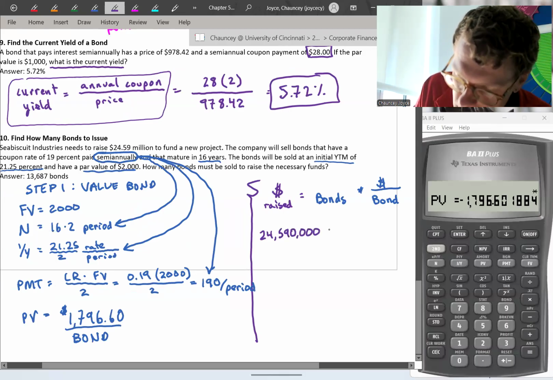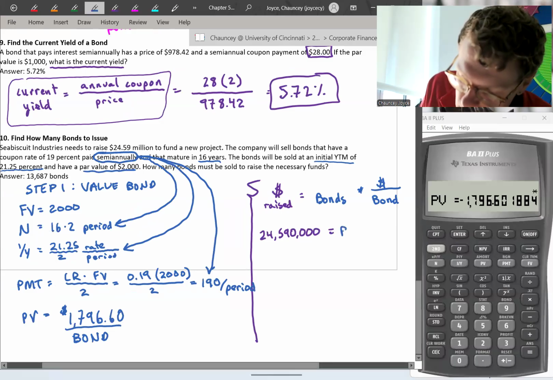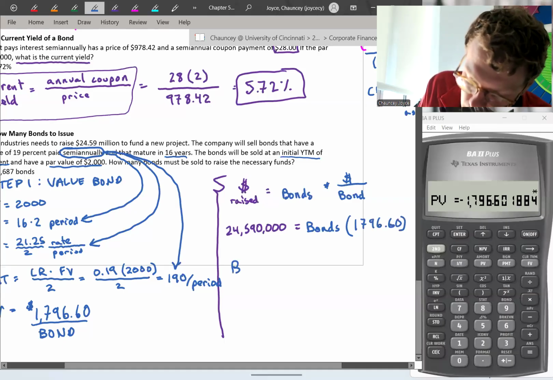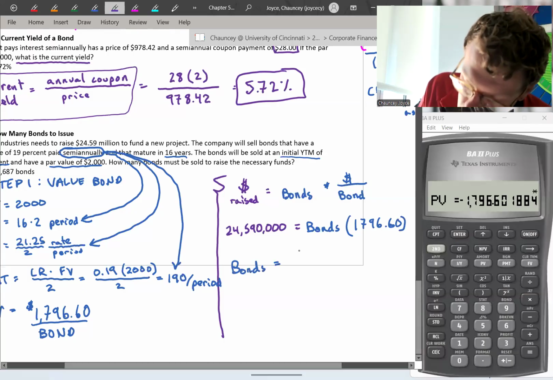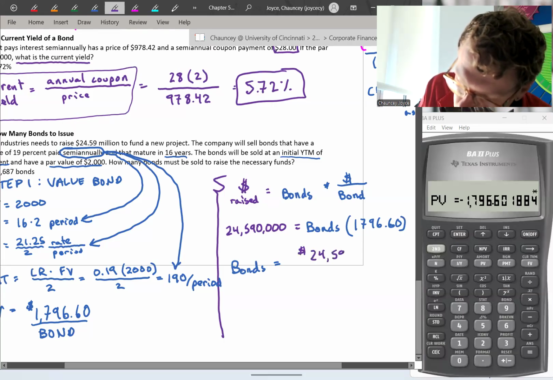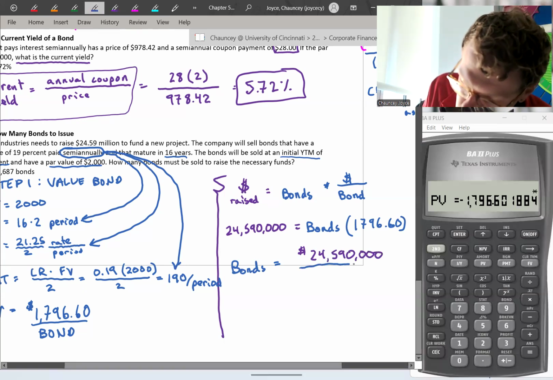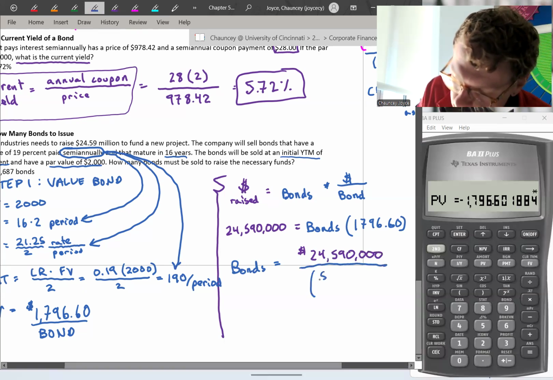So 24,590,000 equals the number of bonds times the price per bond we just found, which was 1796.60. So your number of bonds is 24,590,000 over, and I'll put the units on here so you can see the dollar sign drop off, 1796.60 per bond.